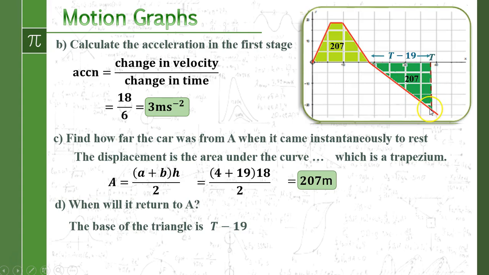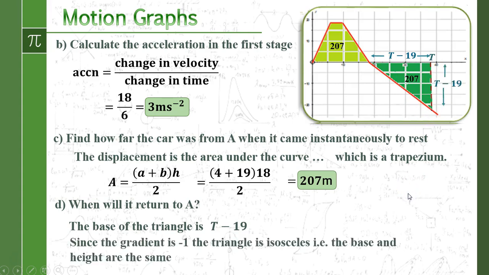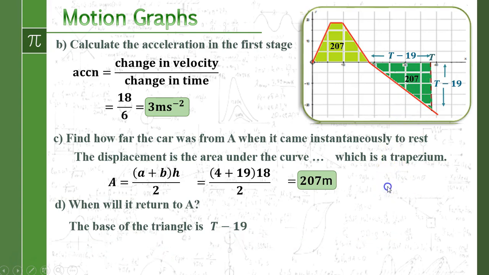That makes this triangle isosceles. So the base and the height are the same, i.e. that distance there is t minus 19 as well. So we've got the base in terms of t, and the height in terms of t. All we've got to do now is put that together with the knowledge that the area is 207. So we can say that 207 equals half times (t minus 19) times (t minus 19).